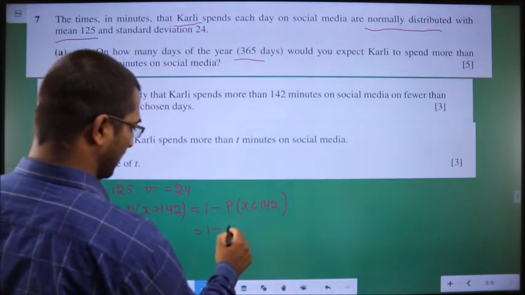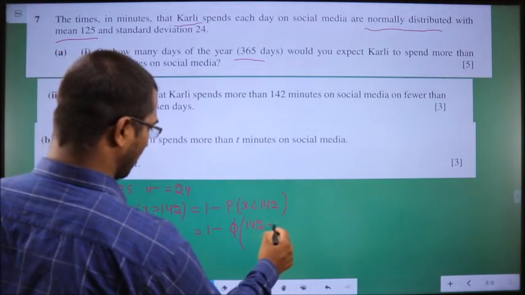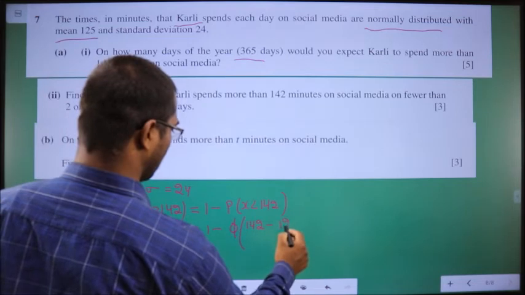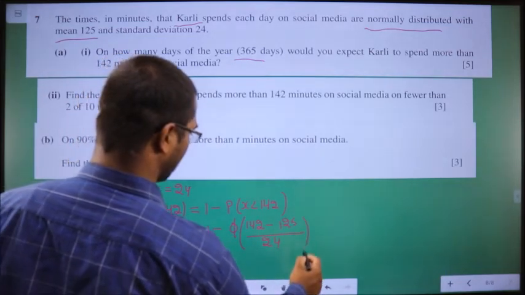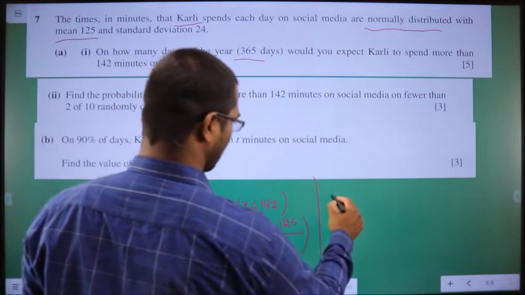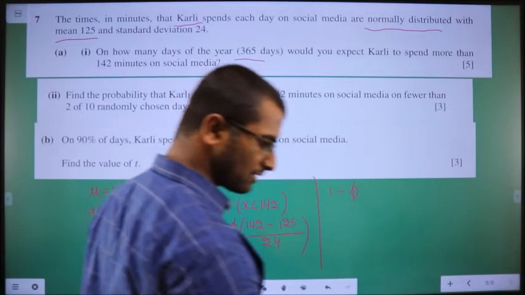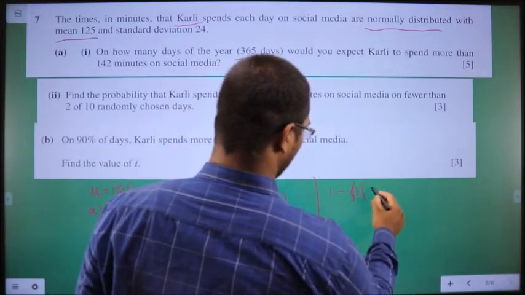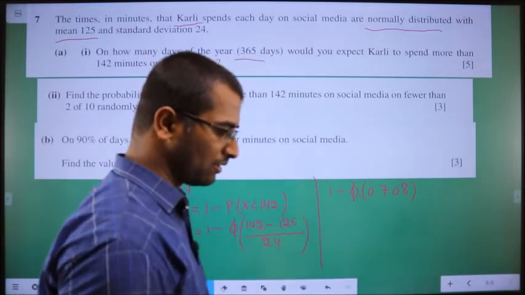So 1 minus, here less than, so I bring phi function. So 142 minus mean 125 by standard deviation 24. Okay. Calculate this up to 3 decimal places. You will get 0.708.